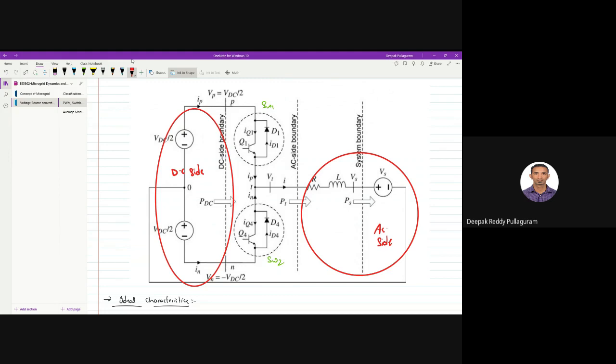In the AC side, we have a passive RL circuit. This RL circuit will also act as a current filter, or simply you can say a filter.